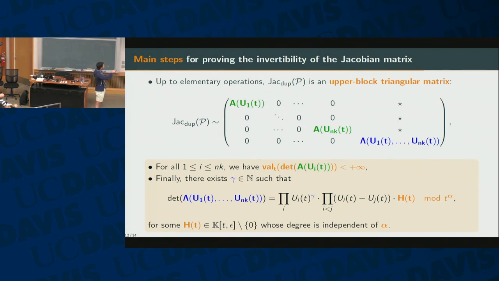And we have this polynomial H, which depends only on T and epsilon, and whose degree is independent of alpha. So in the end, we will indeed have the fact that this determinant is not equal to 0. And again, this is a big extension of the ideas of Bousquet-Mélou and Jehanne, but it is not at all straightforward.